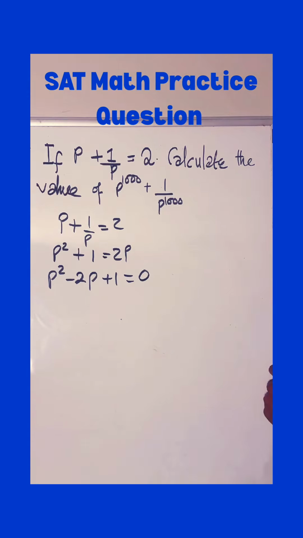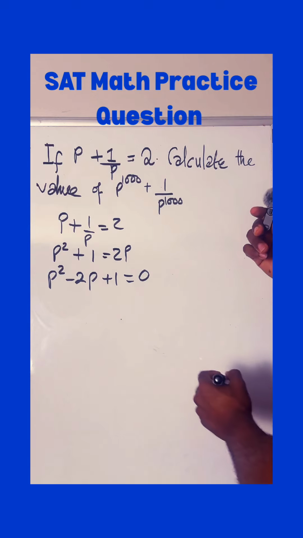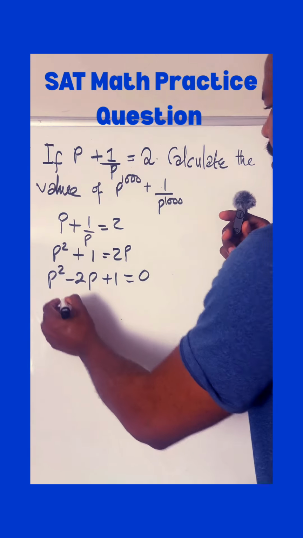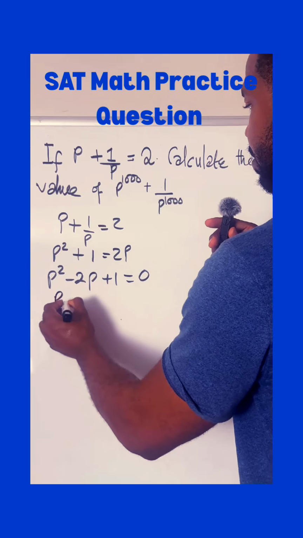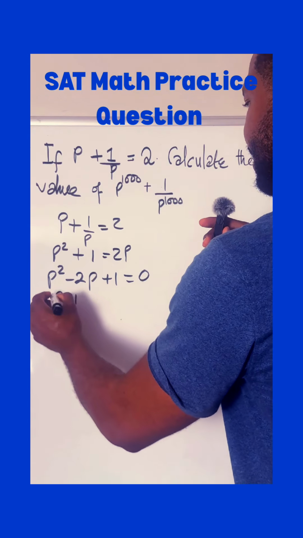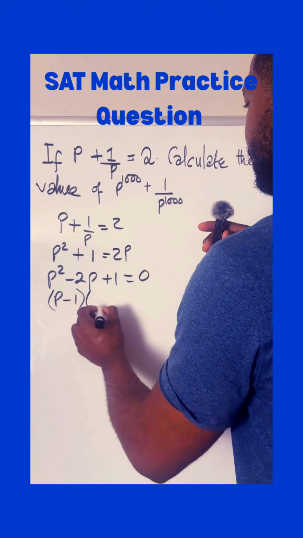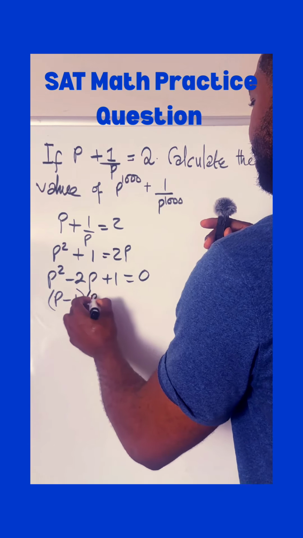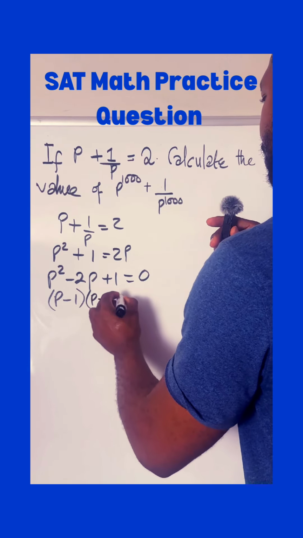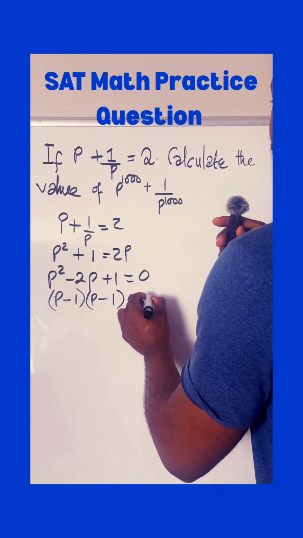Now, I can do something right here. What is it? I can factorize this. When I factorize this, this gives me p minus 1 and p minus 1 equals 0.